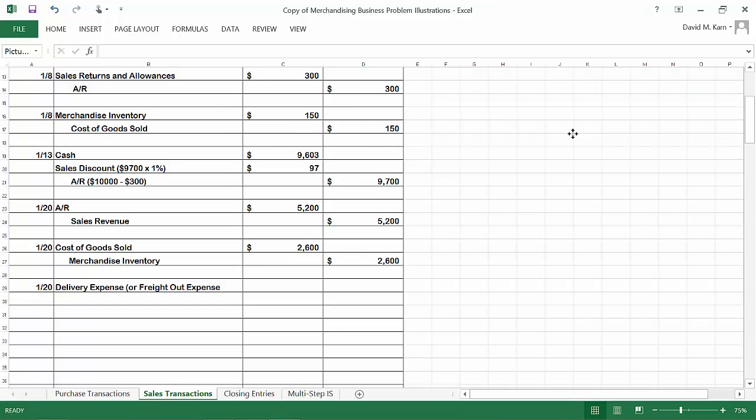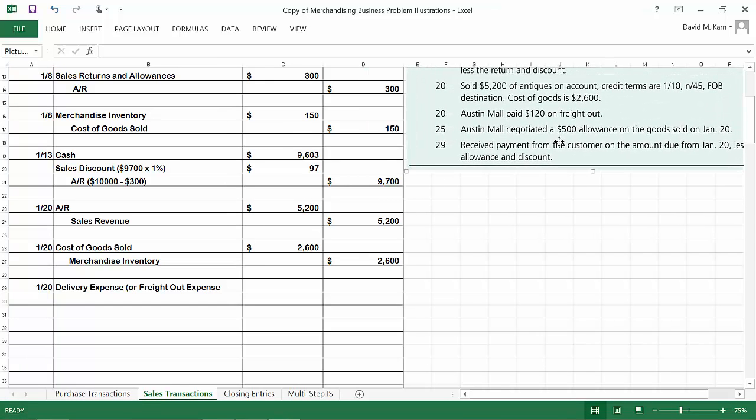It would be perfectly fine to do that. I'd recommend going with delivery expense because that's what my accounting lab, I believe, uses. So that's why I put that one first. And it says we paid it, so we would just credit our cash for $120.